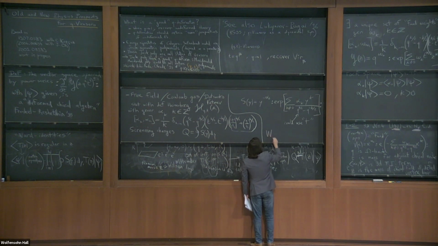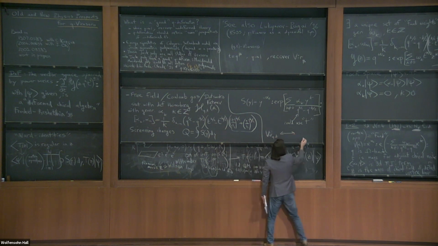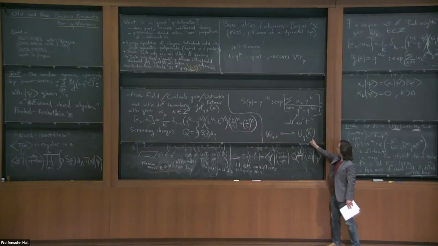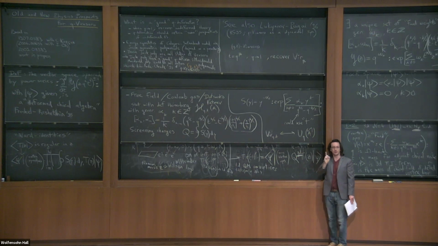Conformal blocks of q-Virasoro are in 1-to-1 correspondence, and that's a conjecture, but there are a few checks now, with the quantum affine A1.